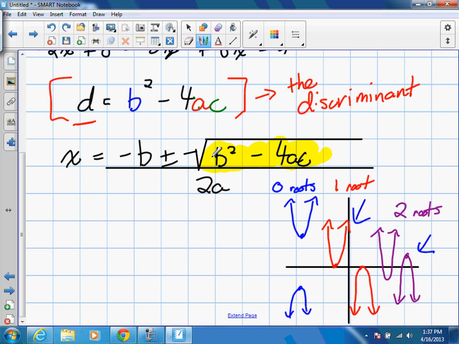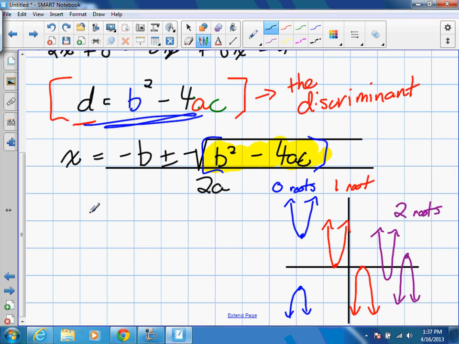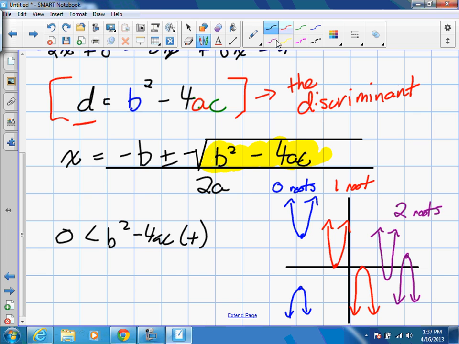Now the reason we use this part of the formula, and I'm going to relate it back to this, is if our discriminant is larger than 0, so if b squared minus 4ac is larger than 0, which is also known as a positive value, we will have two roots.